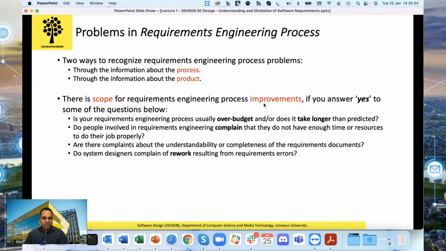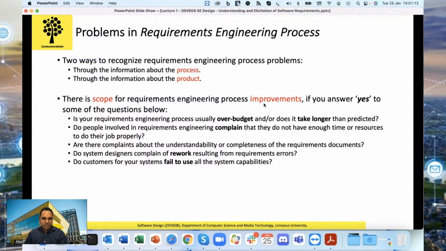Do you sometimes need to do rework for some of the development work or testing work or even the requirements specification part? If yes, that means your requirements engineering has a problem.